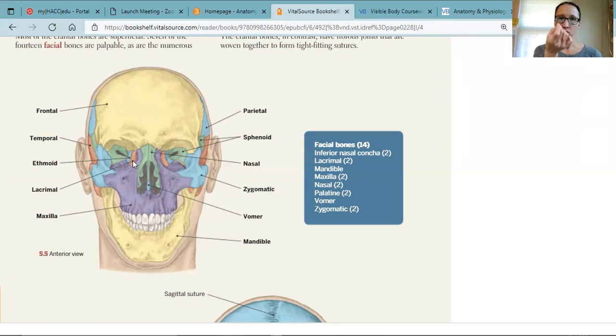The one that's closest to the exterior is the lacrimal bone, this one right here. The lacrimal bone is just deep to your tear ducts. So if you're familiar with your tear ducts, which you should be, because I'm sure everyone that is watching this video has cried in their lifetime, the lacrimal bone sits deep to those.